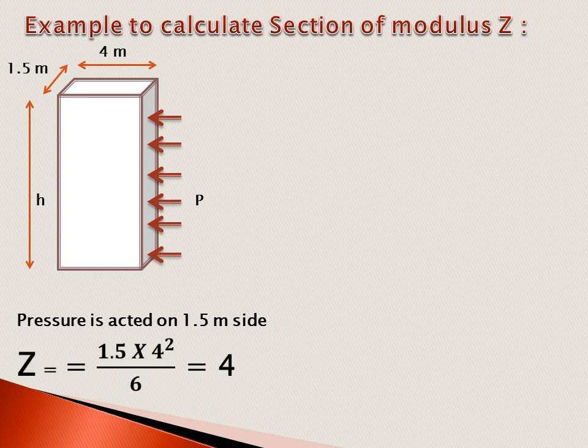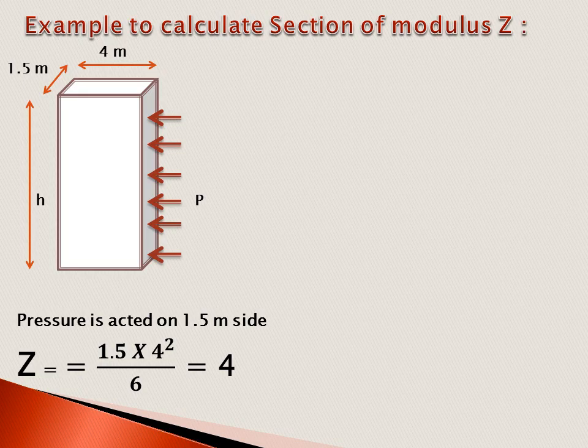Therefore, Z is equal to 1.5 into 4 square divided by 6, that is Z is equal to 4. In this we take the square or cube of the opposite side on which the pressure is acting.